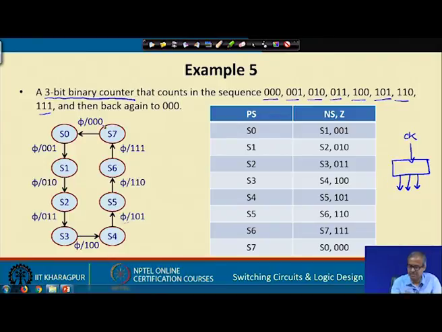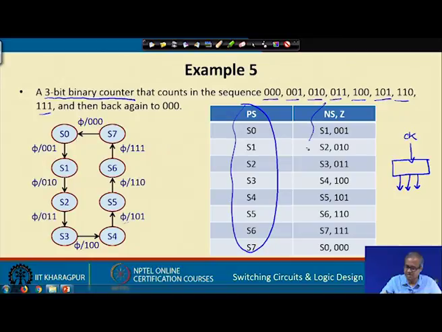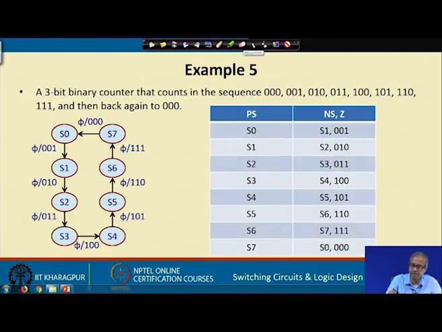The state table is also quite similar. These are the present states, there are 8 states and for each of these states there is no input, so there is a single column here. You show what the next state will be, S0 will go to S1, S1 will go to S2, and what the corresponding outputs are. Same information you are depicting.